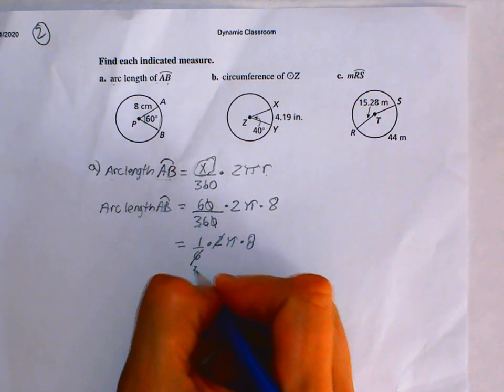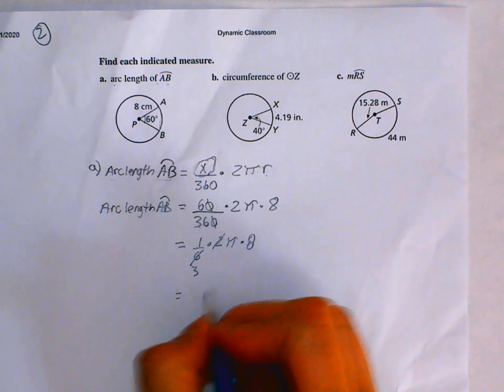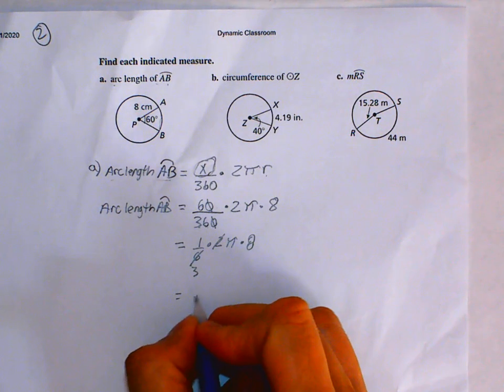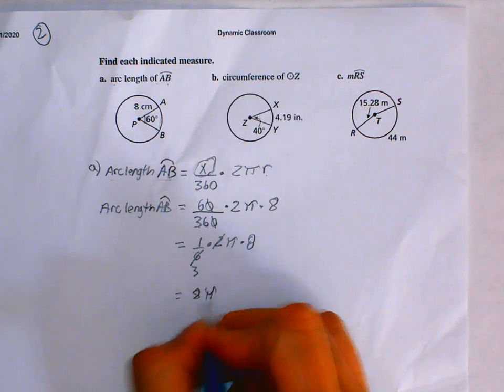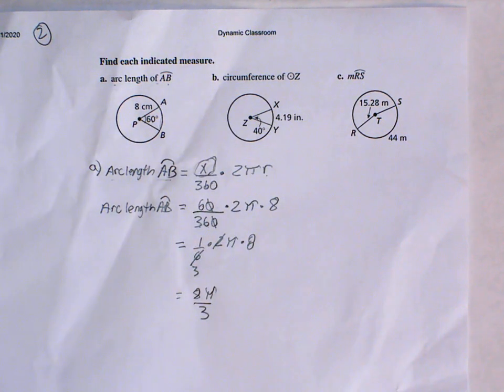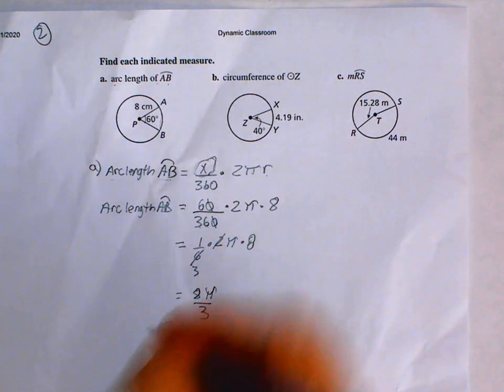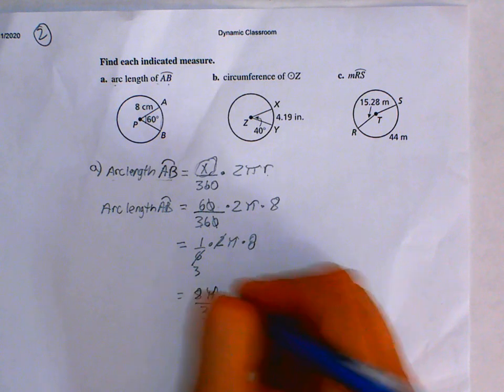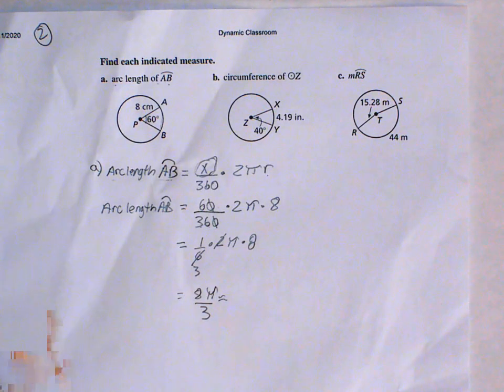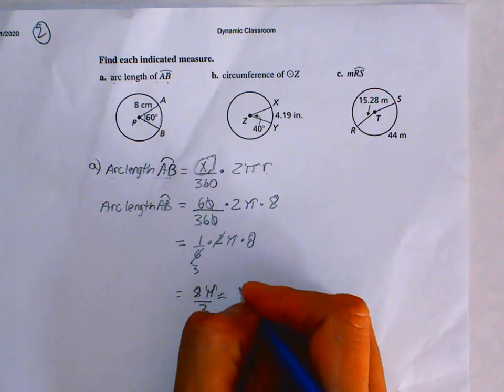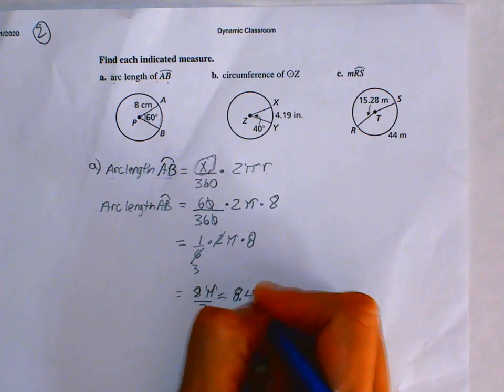That gives me 3. So that is going to give me 8 pi over 3. So that would be my exact answer. If I want a decimal approximation, I simply multiply 8 times pi, enter, divided by 3, and I get approximately 8.4.